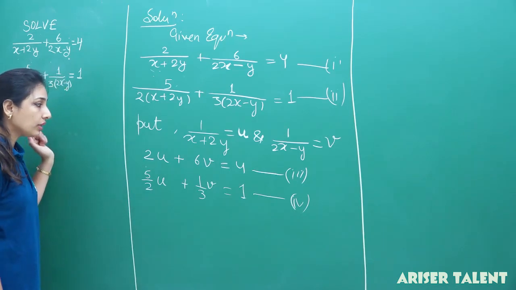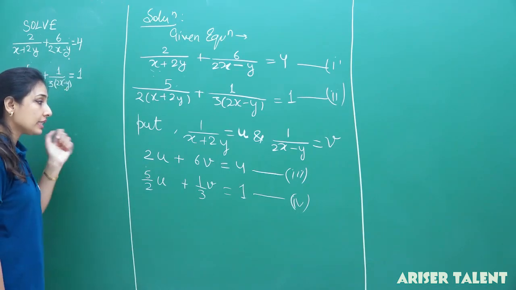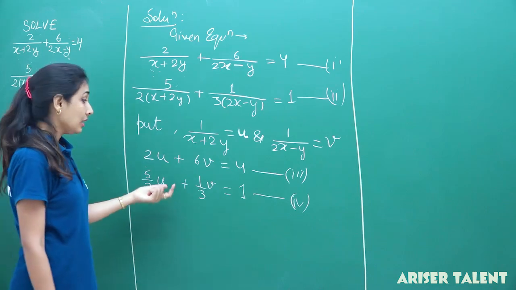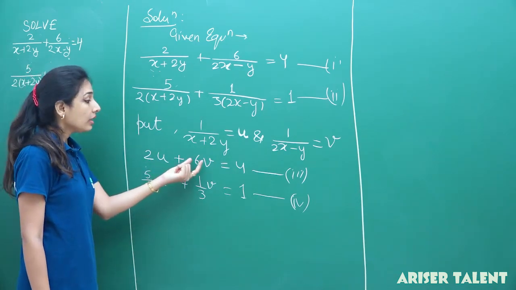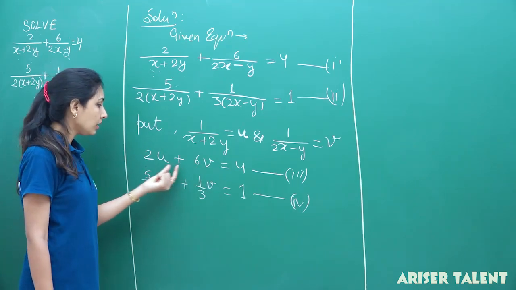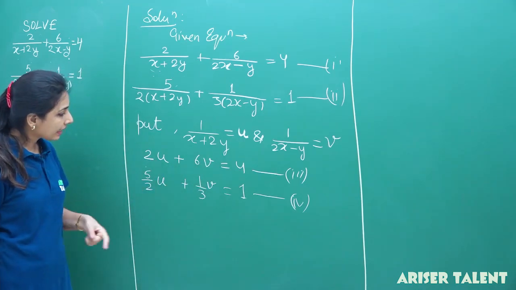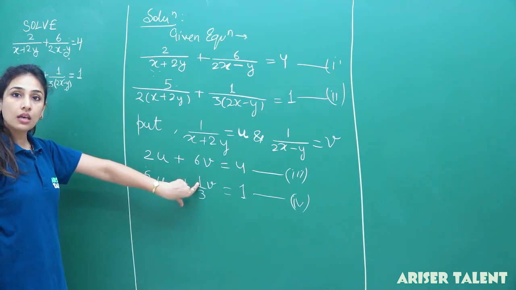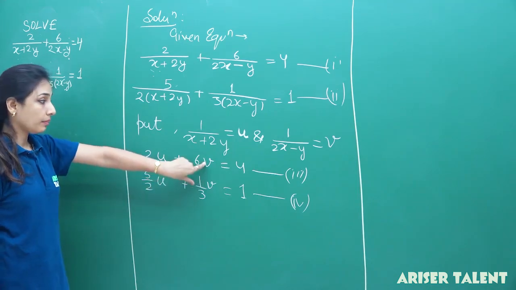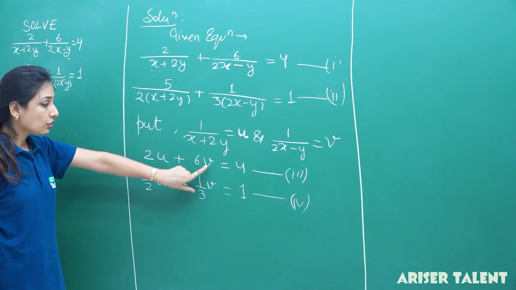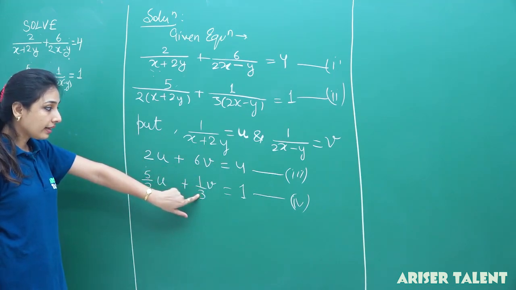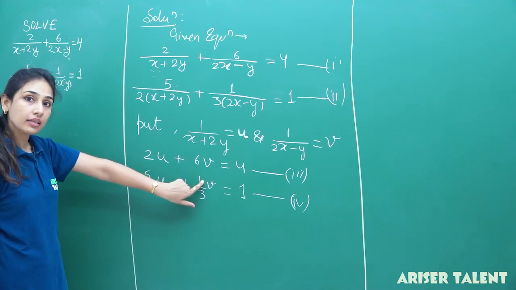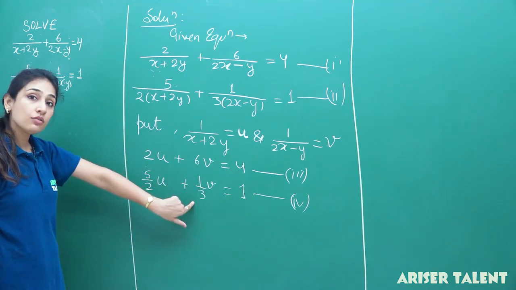Students, now we know what we have to do, we just have to make the coefficients of either v or u equal. Now can I convert this to 6? Because here we are having 6v. How? Now 3 here, so I can have 18 here. 18 by 3 is what? 6.